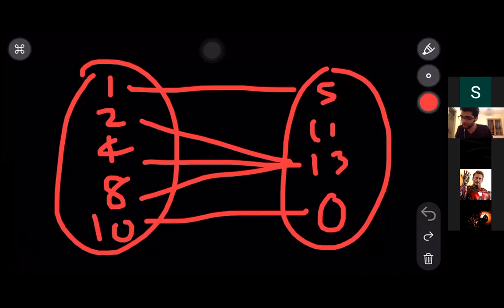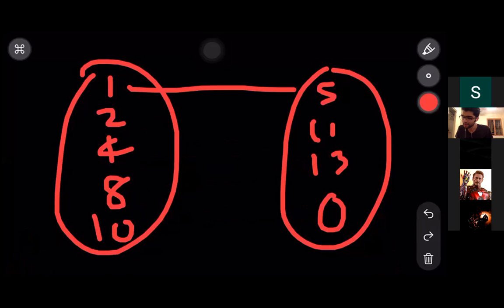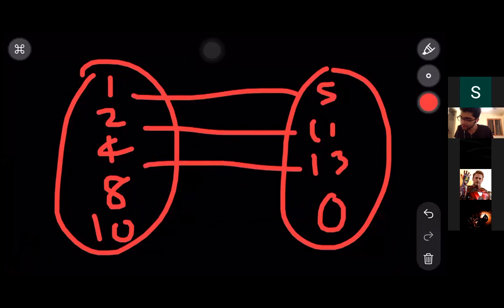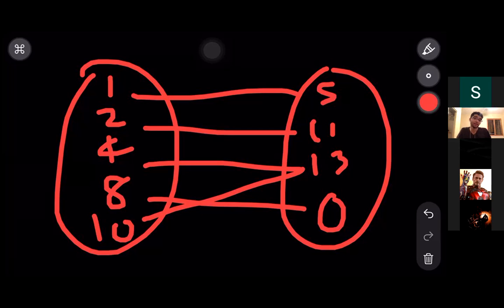So now if I did this, and if I did this, is this function 1-to-1? It's not. Is it onto?